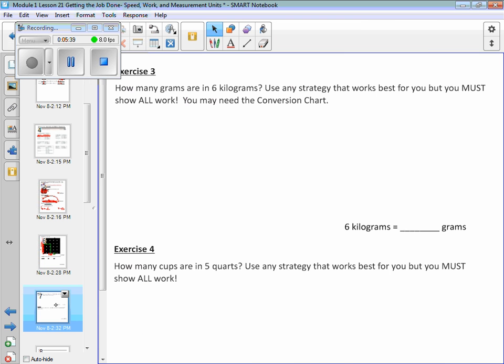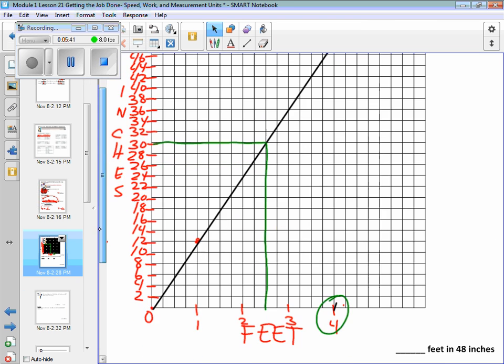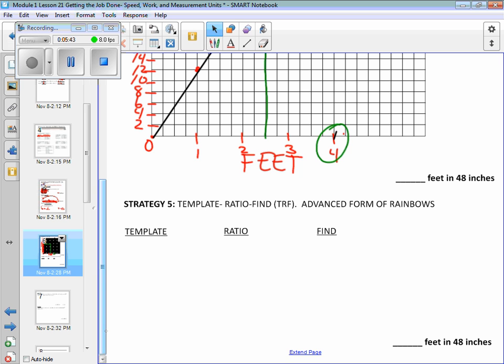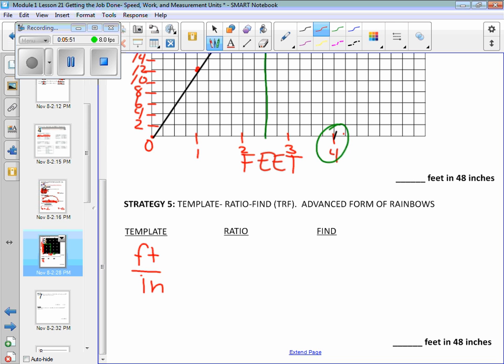Last strategy is TRF. Feet over inches. If you want, you can do inches over feet. It doesn't matter as long as you stay consistent. The ratio from the table was 1 foot, 12 inches.